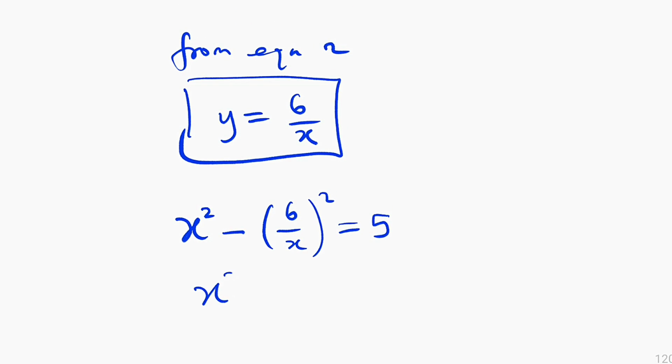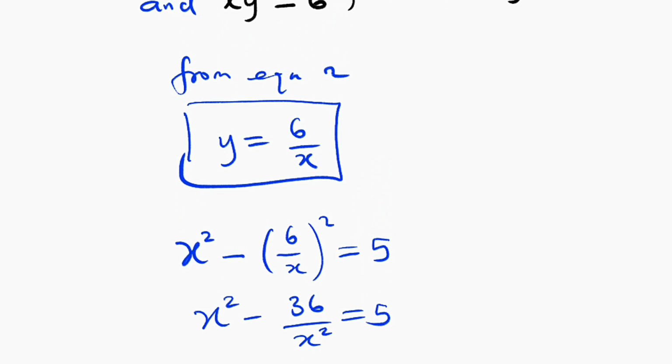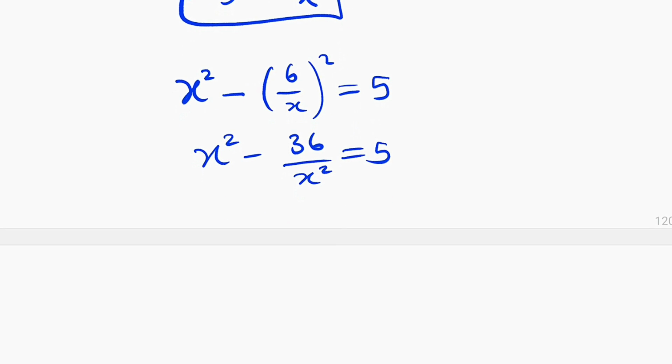So we have x squared minus 6 times 6 is 36 divided by x squared, and this is equal to 5. Let us multiply every single term by x squared just to eliminate this denominator right here. So we have x squared times x squared will give us x to the power of 4 minus 36 as you multiply that by x squared, and this is equal to 5x squared.